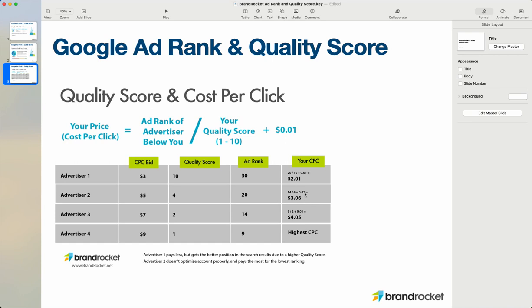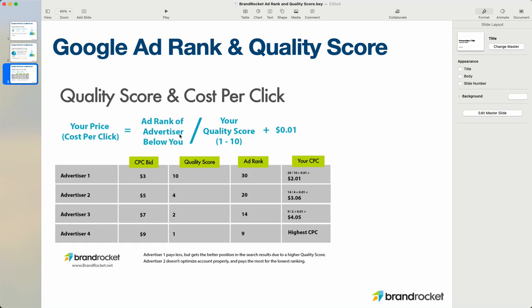So it's still a fairly great CPC. But look what happens with Advertiser 4. He's willing to pay 3 times the amount of Advertiser 1. But the quality score is so poor that his ad rank ends up being really poor. And as a result, they pay the highest amount on a cost per click basis.